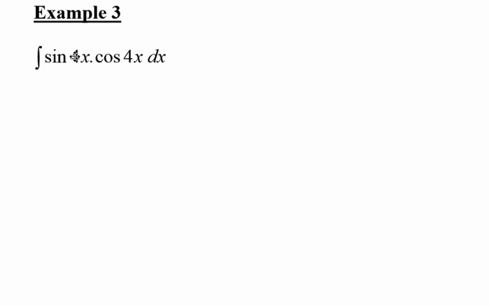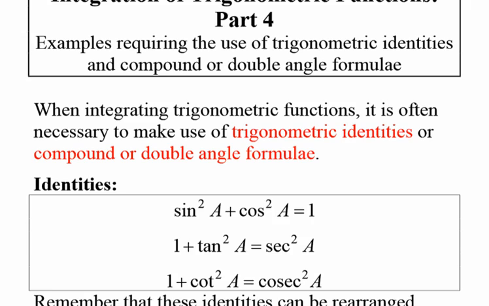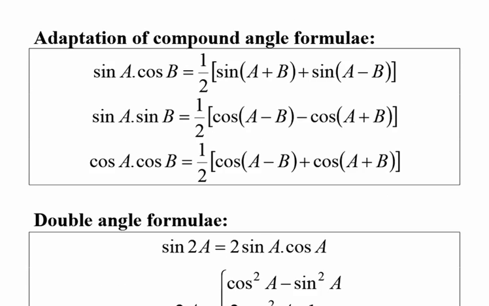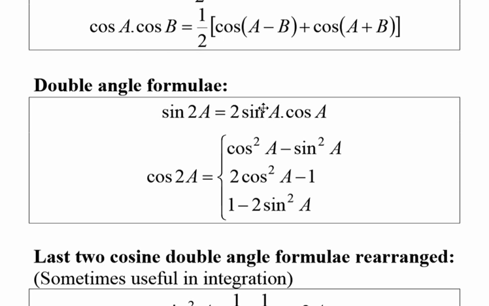However, what we do have is an identity that has sine of an angle times cos of an angle, and that's what we're going to use. So let's go back and just check our angles here. I'm looking for sine of an angle times by cos of an angle. There we go. There's my sine of an angle times by cos of an angle.